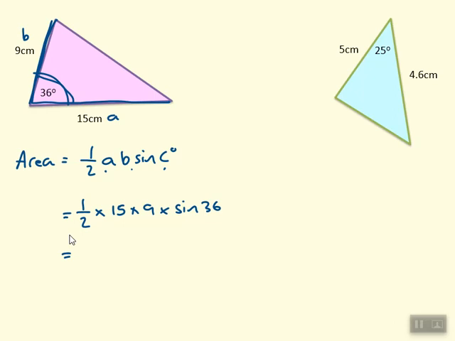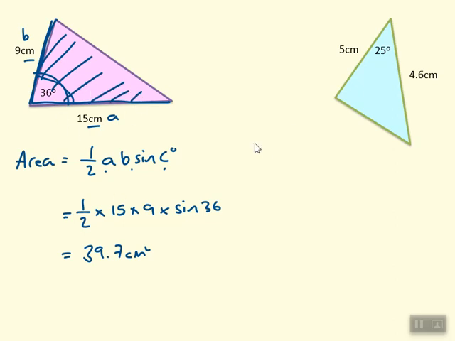A half times 15 times 9 times sine 36 is 39.7 to 1 dp. Now the units: these are centimeters, so this would be centimeters squared.